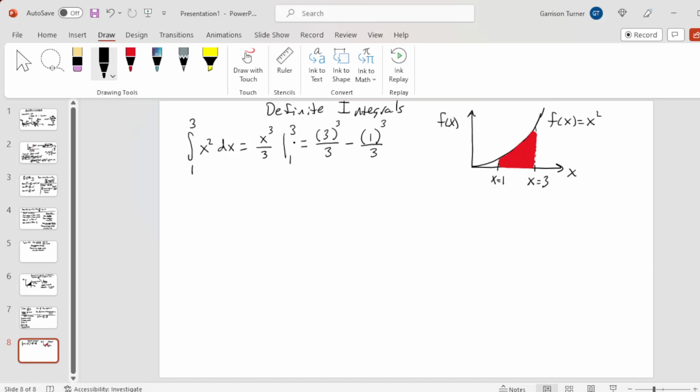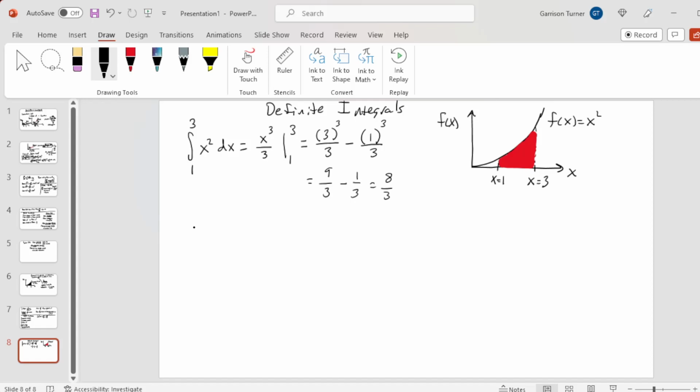So definite integrals say find your antiderivative, evaluate your function at your upper limit, evaluate your function at your lower limit, and then take the difference between the two. So this is going to be 9/3 minus 1/3, or 8/3. So the area under this curve is 8/3. That's what this represents.